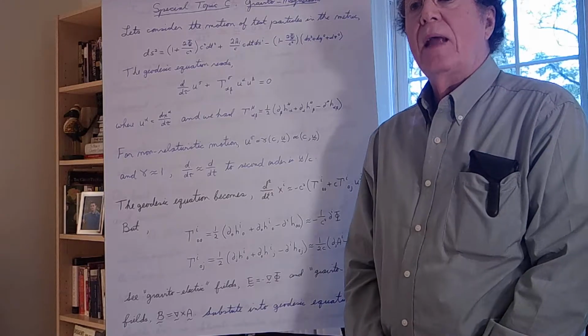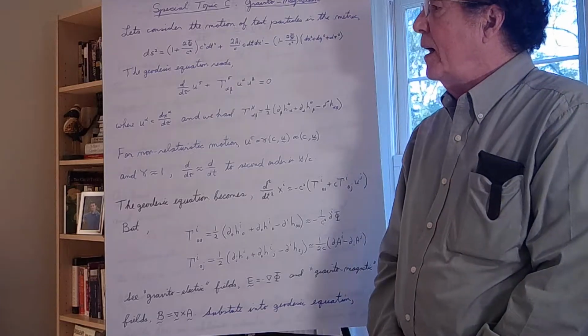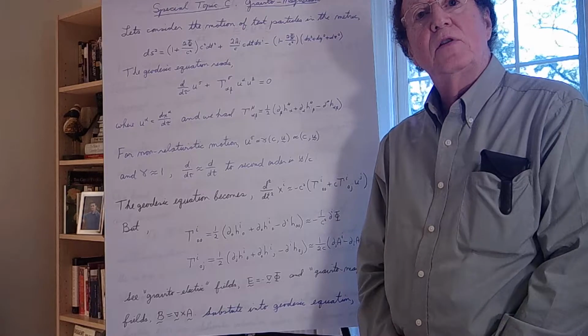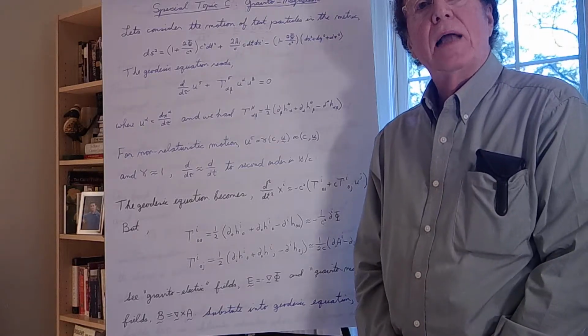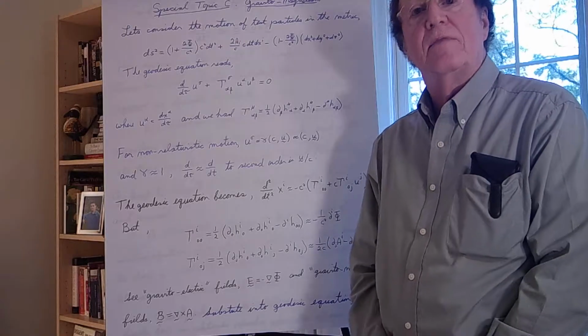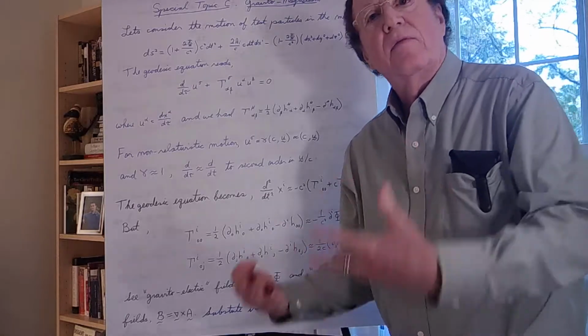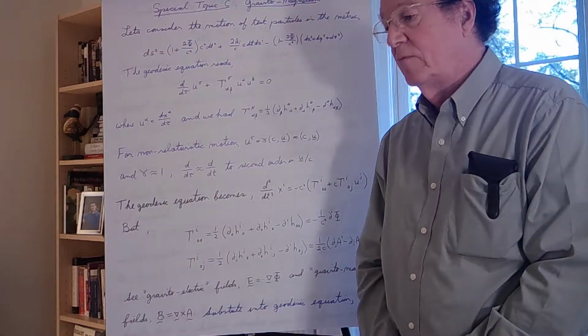We also saw that the source of the gravitational field reduced from a 10 component tensor down to a 4 component vector, and it looks just like electromagnetism. So a lot of the formalism will be that of electromagnetism, simply relabeled.